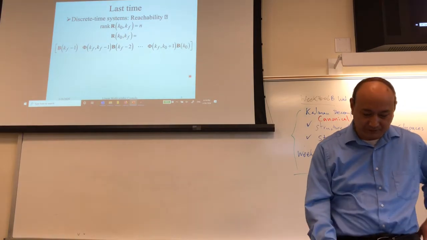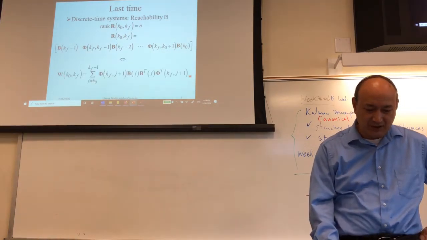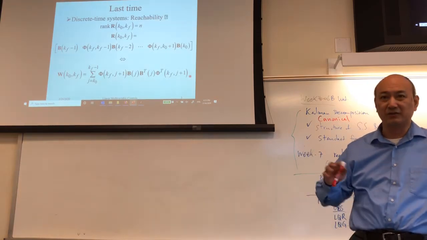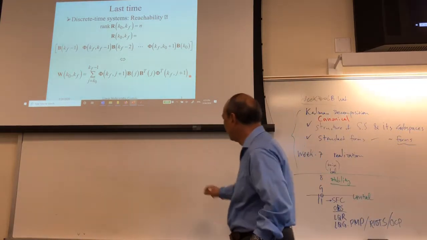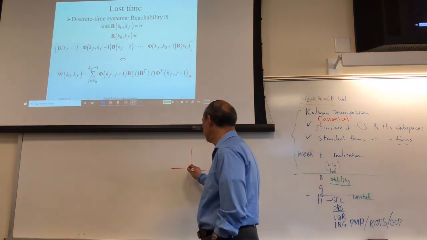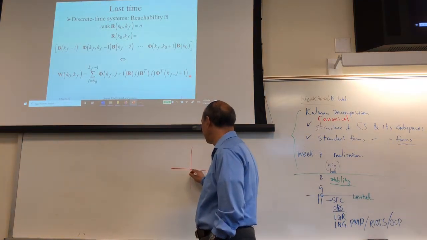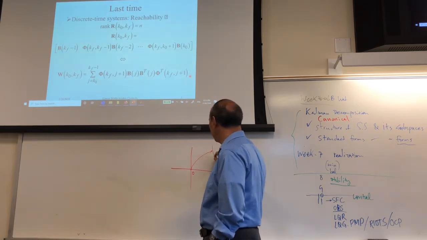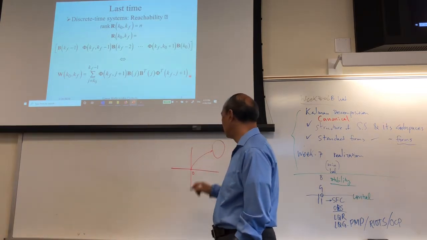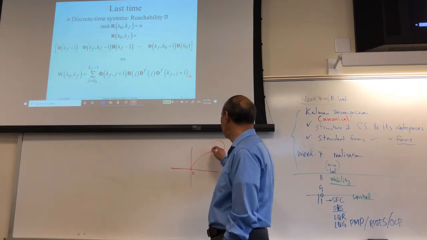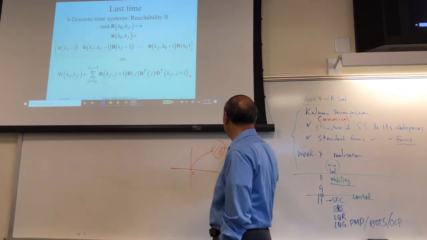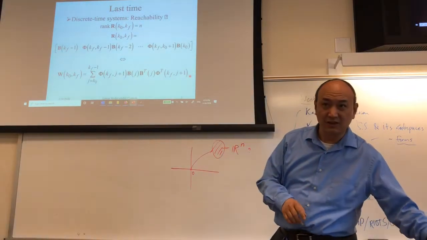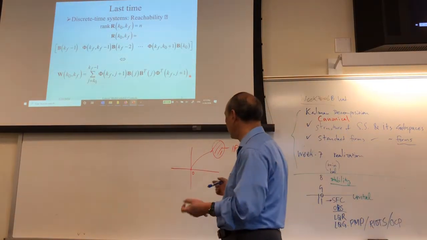Reachability means you need to be able to reach out. So you start from here. You reach out. Can you go anywhere you want? Is the reachable space Rn? That's one thing. It's called reachability.